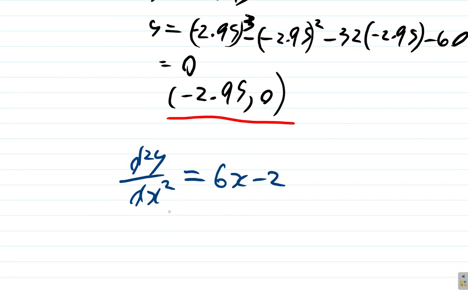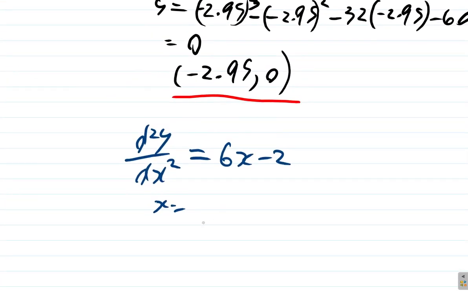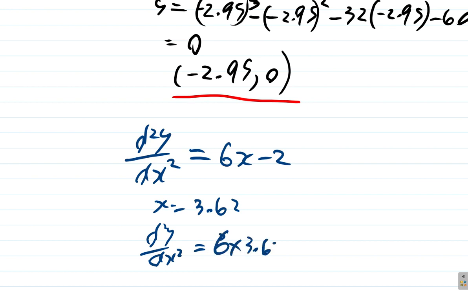Now, when x equals 3.62, d squared y by dx squared is equal to 6 by 3.62 minus 2. By the way, remember, if the double derivative gives a positive value, then you're looking at a minimum point.